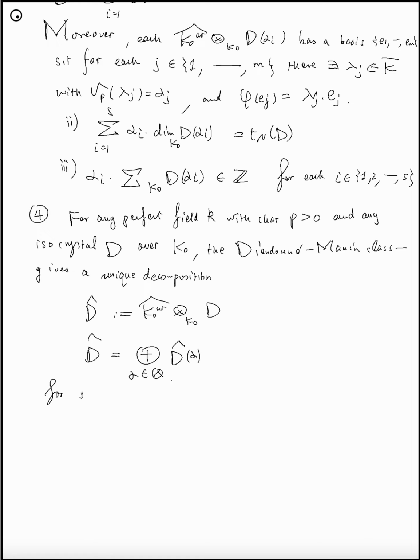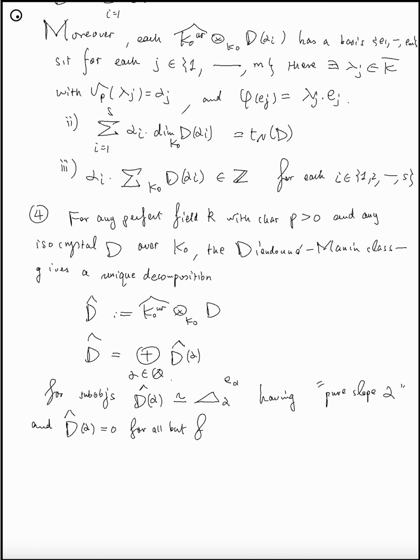for subobjects D hat alpha isomorphic to delta alpha to the power E alpha, having pure slope alpha, and D hat alpha equals 0 for all but finitely many alpha.